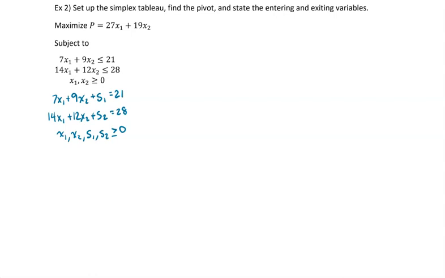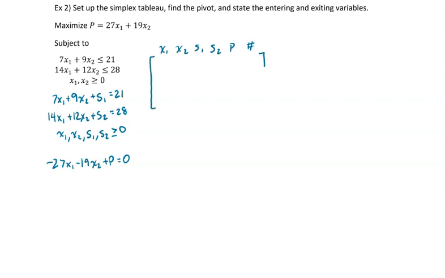All right, again, then we need to do the profit equation. So we move the x1 and x2 to the other side, giving us negative 27x1 minus 19x2 plus p equals 0. Now we're ready to go ahead and get this stuff into a tableau. Start with all of your variables across the top: x1, x2, s1, s2, p, and the number.